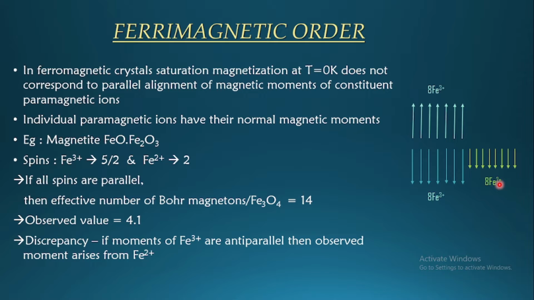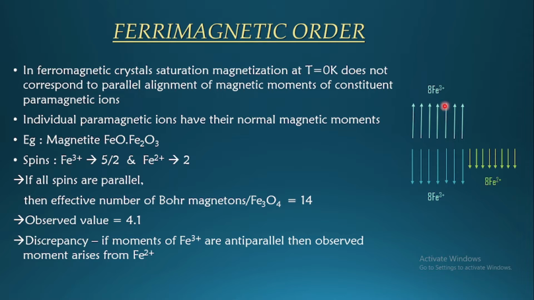So whenever the moments are unequal, we can say there exists some amount of magnetization, which is the spontaneous magnetization within the material. We are not applying any external magnetic field, but due to this unequal magnitude of spins, there exists some amount of magnetization within the material.